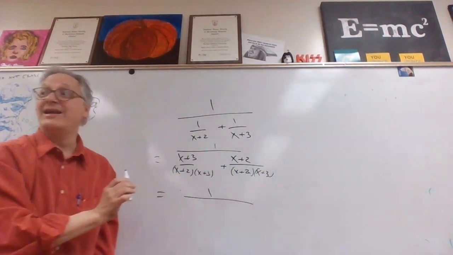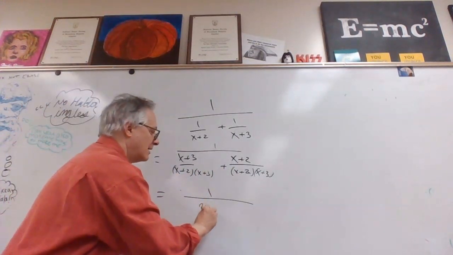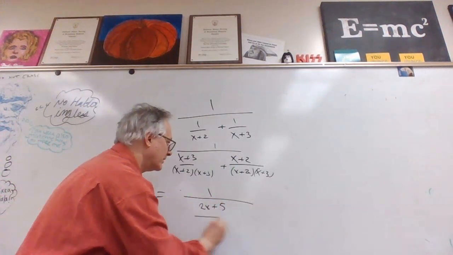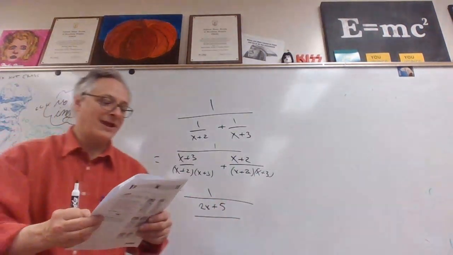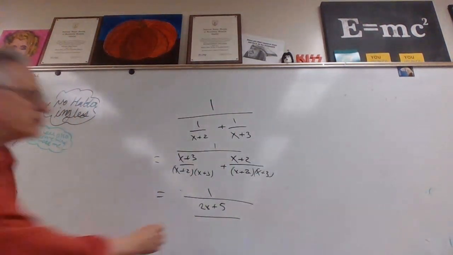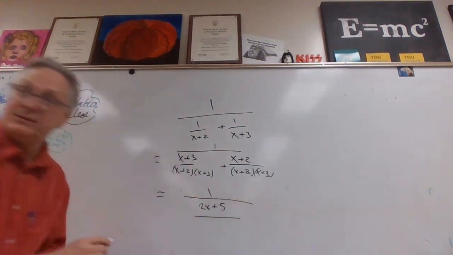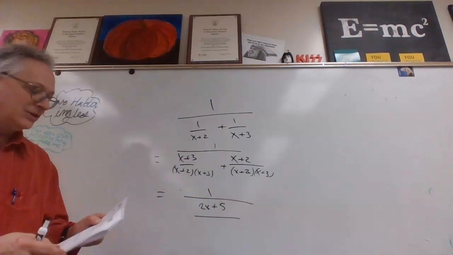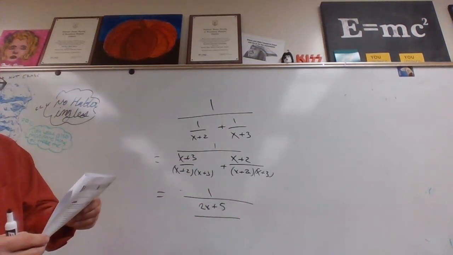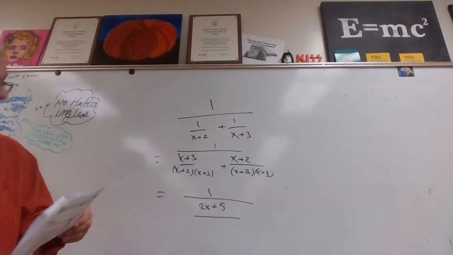Not x squared, we're adding: 2x plus 5. Looking good here. And right away, you know you're going to have a quadratic down here, right? So you could immediately eliminate answers C and D. Okay?